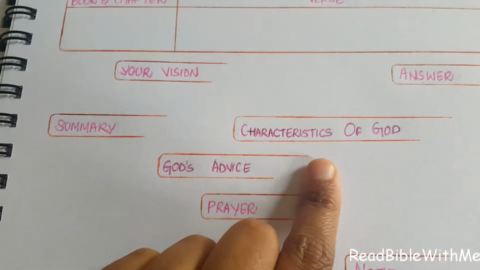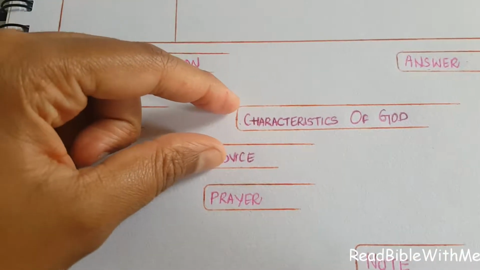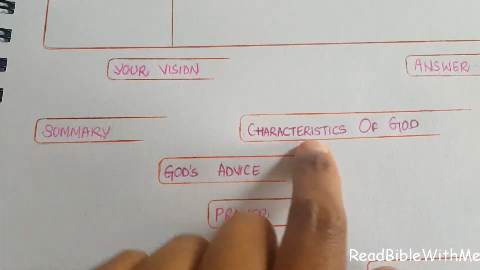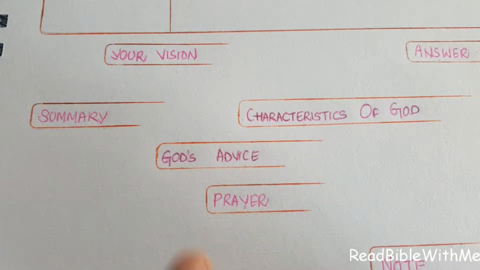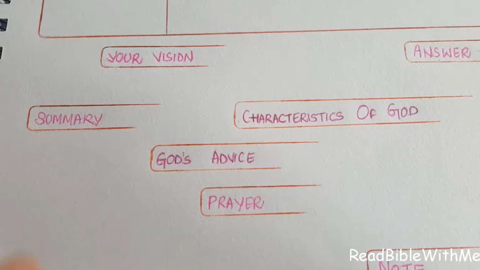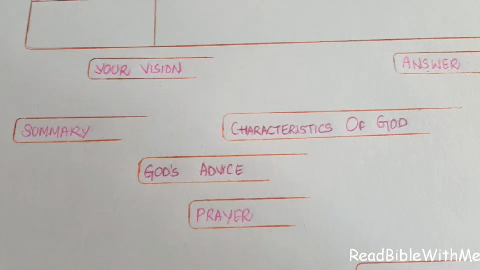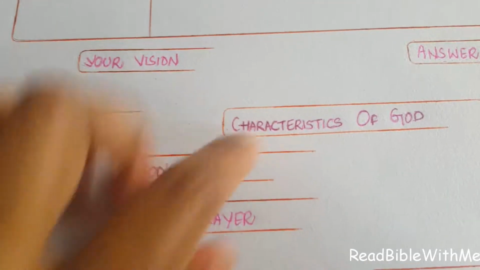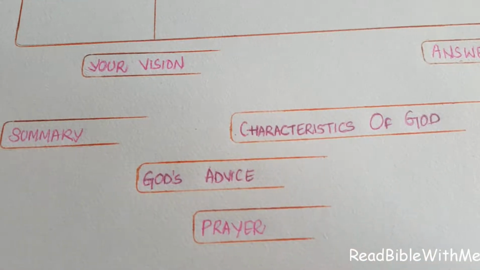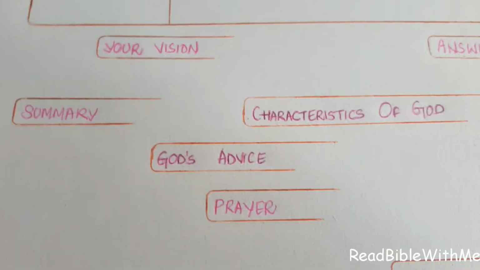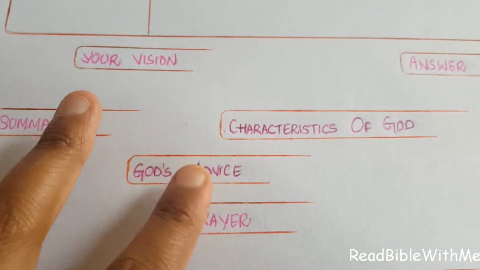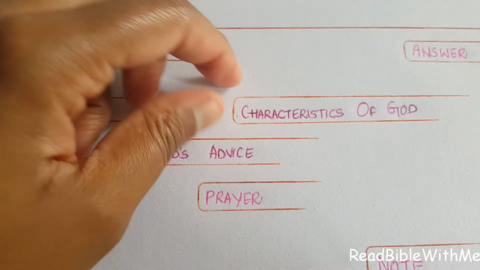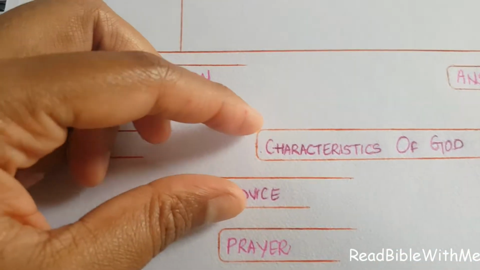I also want to show you that I have added 2 more headings here: characteristics of God and God's advice. When I made this worksheet, at first I didn't add those, but later I decided to add those 2 also, because we are still in the process of studying the Bible, so we need those 2 also in here.